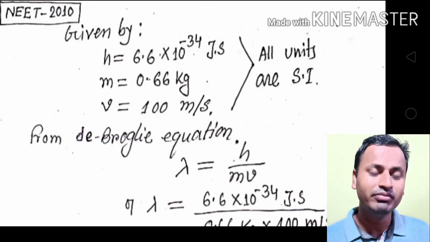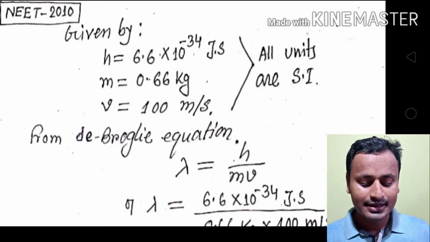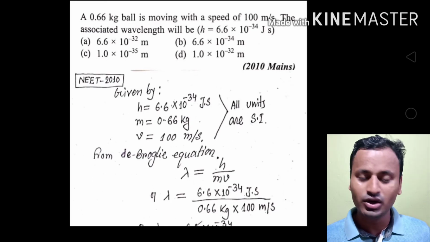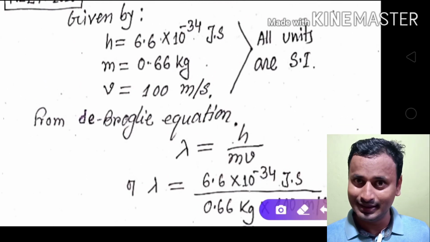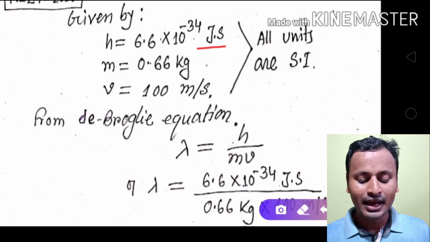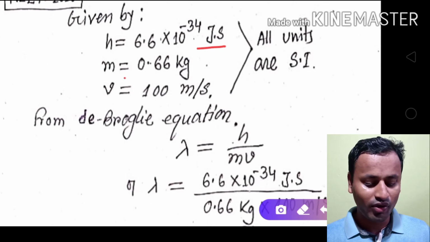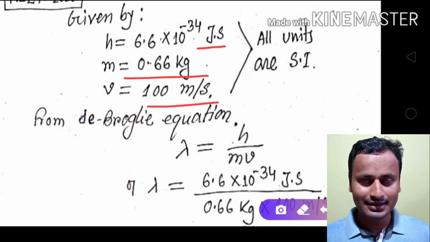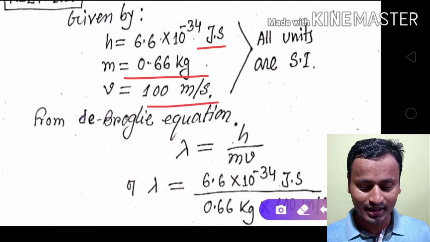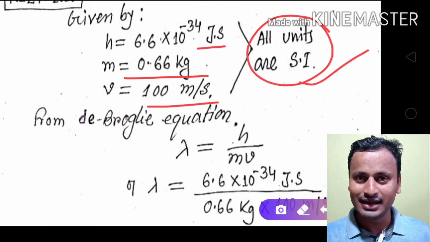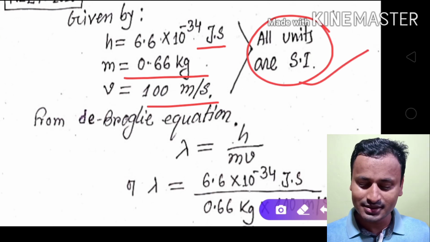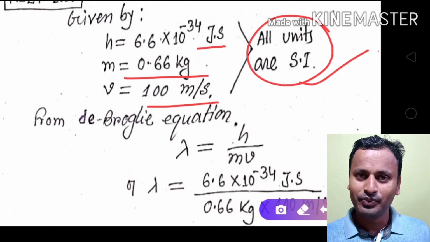The mass of the ball is 0.66 kg and the velocity of the ball is 100 meter per second. All units are SI units, no change in the units is needed.